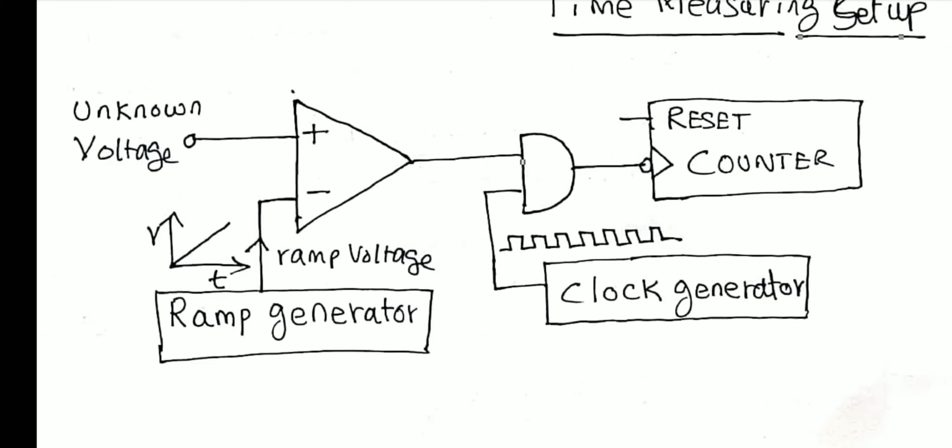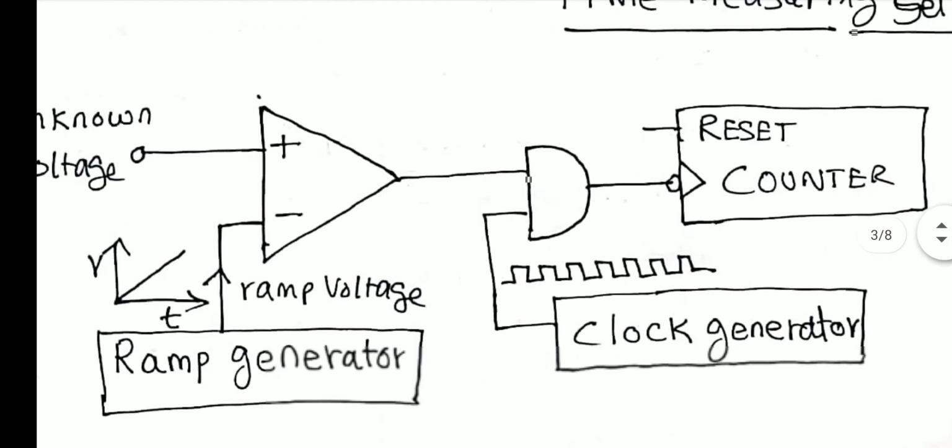We have a comparator to compare the unknown voltage with the variable voltage with respect to time, and the output of the comparator will be either high or low, positive supply voltage or negative supply voltage. Whenever the comparator output is high, the clock pulse is permitted to pass through the gate, and it is given to the counter.